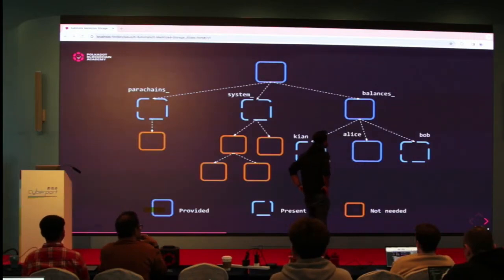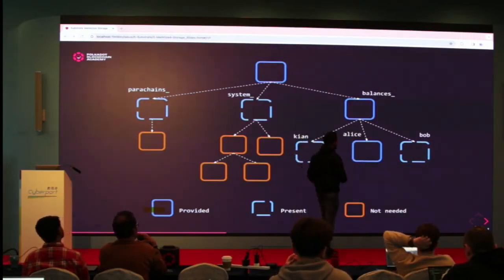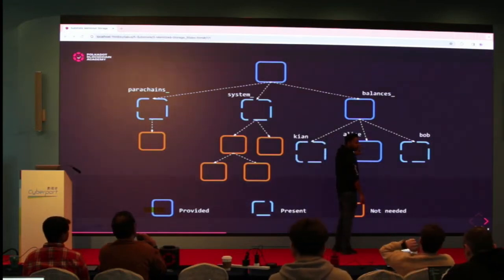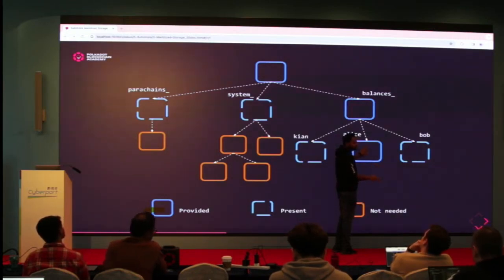Because we already have the three top ones, like balances, system, and parachains, and we can get the root, right? Or you're talking about the Alice node? I'm just imagining cases where you want to know that the value exists in this place. I'm not extremely sure, but I think you might need this as well.